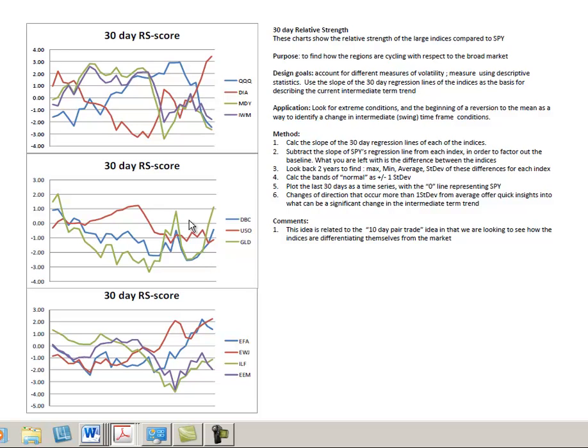Among the commodities, you can see oil, gold, and blended commodities all pointing back up. I own some gold, so I would like to see it continue to go here. And then among the internationals, it's Japan and flight to quality, and emerging markets in Latin America still below the 0 line.